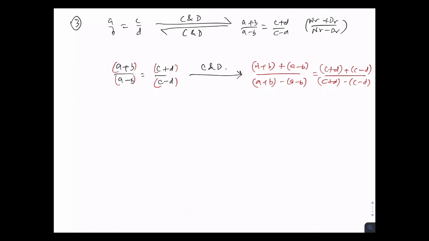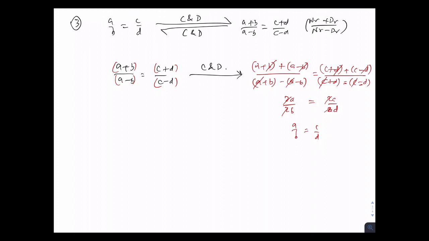Now if you simplify this, you will see B gets cancelled, A gets cancelled, D gets cancelled and C gets cancelled. So typically you are getting 2a/2b = 2c/2d, correct? Here minus and minus becomes plus, please be aware of that. And the 2 also you cancel, so you get a/b = c/d. So have you reached the original form from where we actually started?